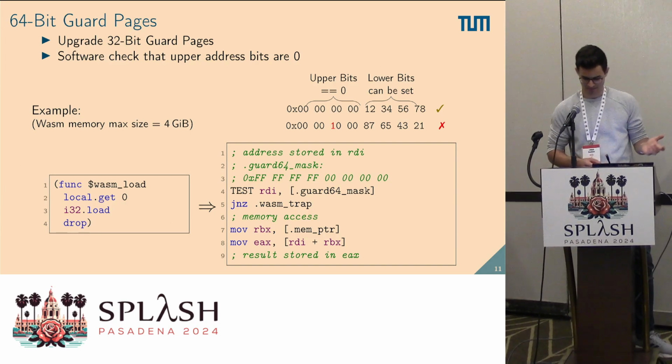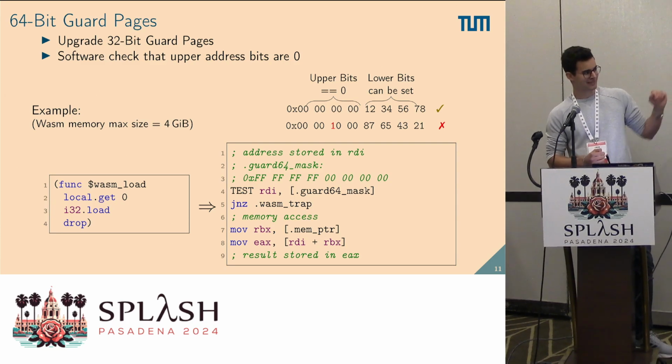Here, for example, you can see it. We just artificially shrink down the 64-bit address space down to 4 GB of addressable memory again, like with 32-bit addresses. By comparing your upper 32 bits with a mask, and if one of these bits are set, we can then again do a jump to some trap code that executes a trap, and if not, we can just go on.